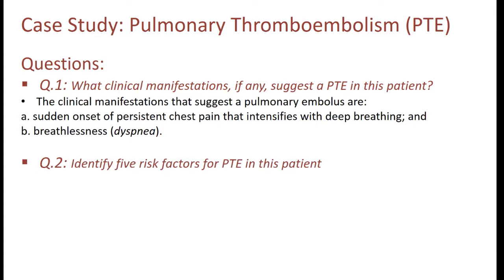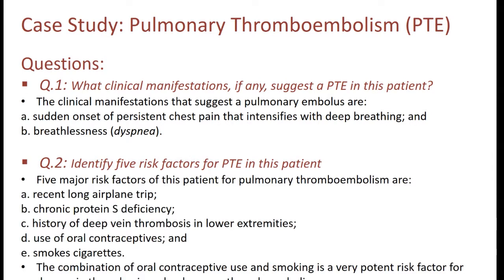Identify 5 risk factors of pulmonary embolism in this patient. Recent long airplane trip that was in the patient's history. Chronic protein S deficiency, which is another risk factor for thrombophilia, for forming thrombi. History of DVT in the lower extremity. Use of oral contraceptives, estrogen-containing combined hormonal contraceptives, estrogen and progesterone in one contraceptive pill.